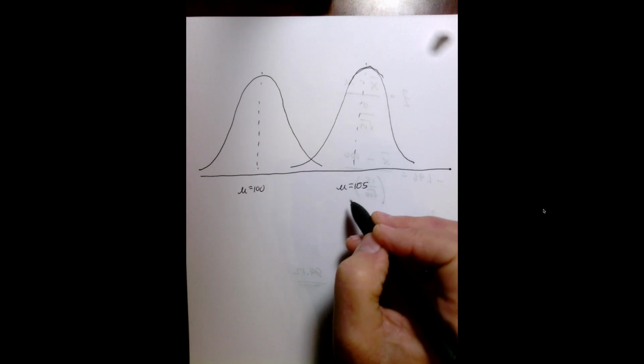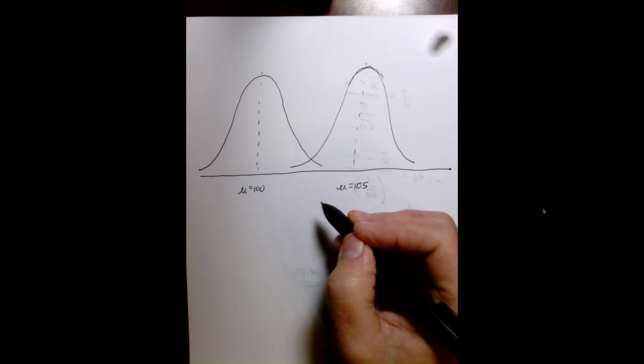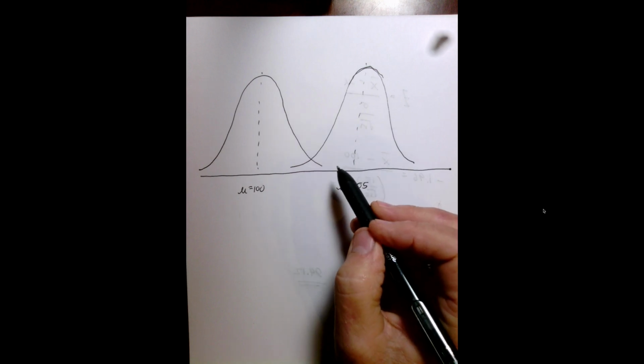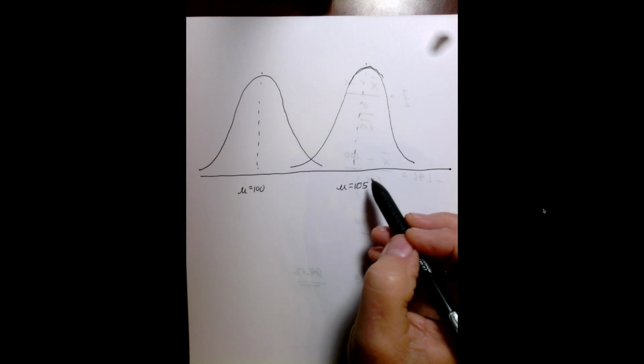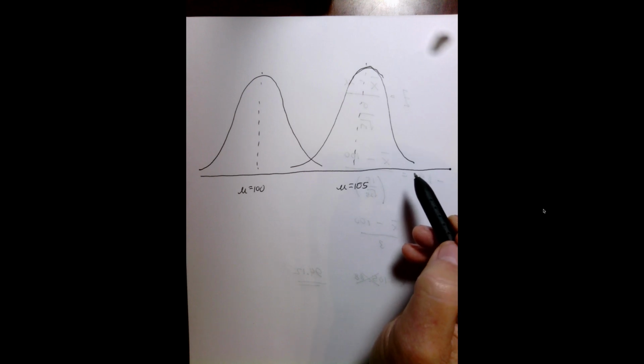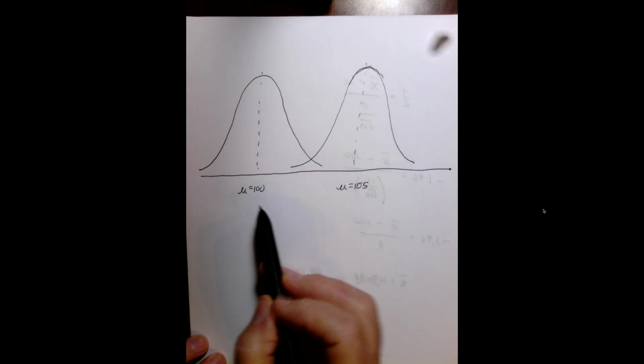So the calculation of the power using this approach is really meaningless in education research. But it provides a really nice illustration of what's going on with power and type 1 and type 2 errors. Okay, so let's think about what we've got.